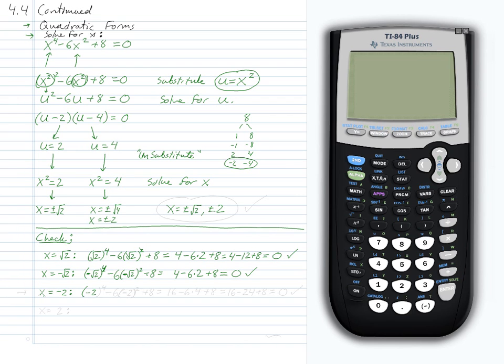So negative 2 to the 4th minus 6 times negative 2 squared plus 8. Now we can work with nicer numbers here. If I raise negative 2 to the 4th power, the negative is going to cancel, being raised to an even power. And 2 to the 4th would be 2 times 2 times 2 times 2, which is 16. Similarly, if I square negative 2, the negative will cancel and I'll just get 4 there.